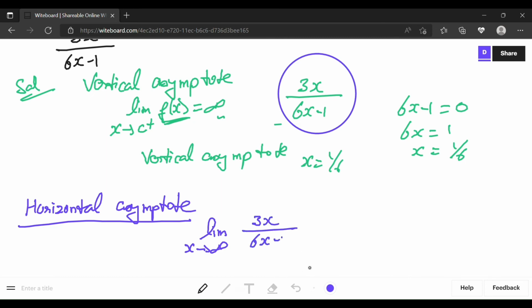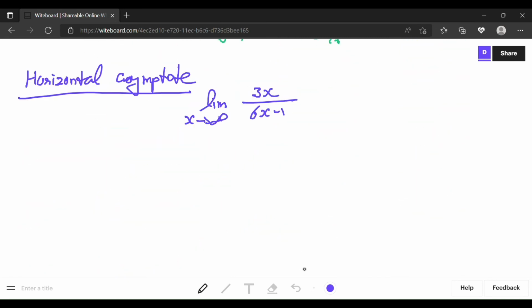Here for the horizontal asymptote, we will divide the numerator and denominator by the highest power of x in the denominator, which is x only. So please remember this in horizontal asymptote, limit x tends to infinity.